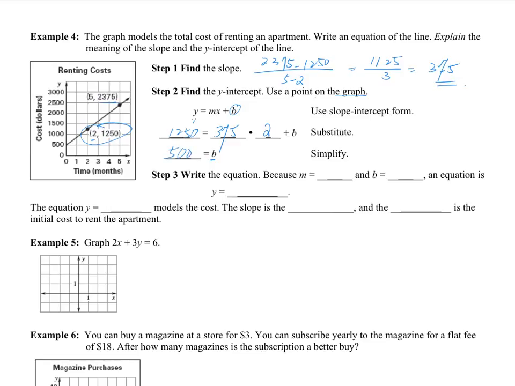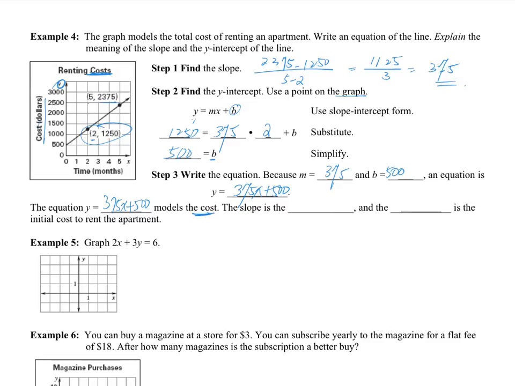Now we can write the equation. Because m is 375 and b is 500, an equation will be y equals 375x plus 500. Now, the equation y equals 375x plus 500 models the cost here.